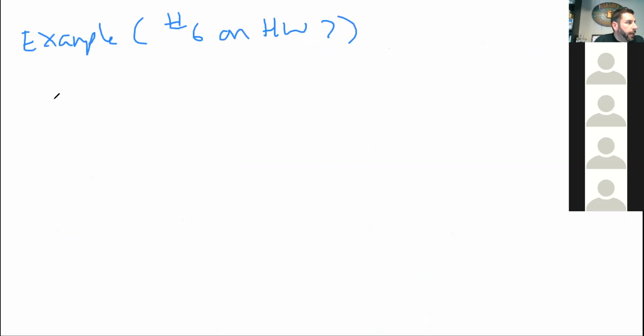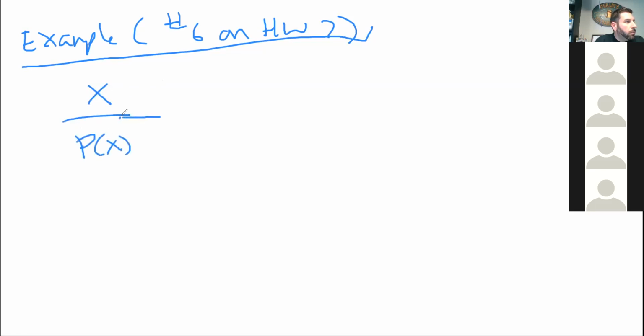So let's look at this particular probability distribution. For those of you who don't have it in front of you, the probability that x takes on 6 is 0.15. The probability that 8 people show up is 0.3.